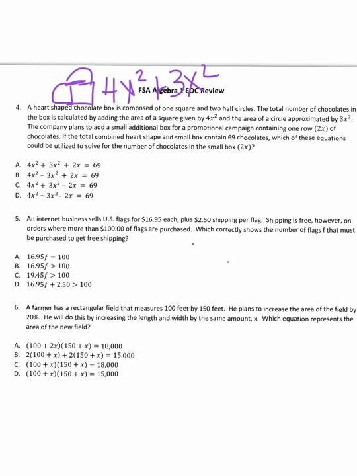Company plans to add a small box for a promotional campaign containing 1 row of chocolates. If the total combined heart shape in the small box contains 69, which of these equations could be used to solve for the number of chocolates in the small box? So first things first, we have to look at the fact that we are adding.